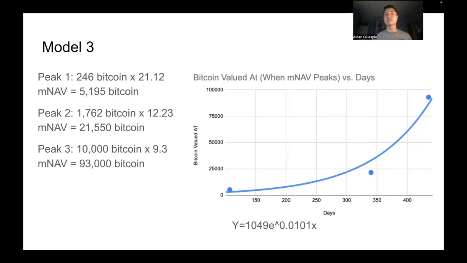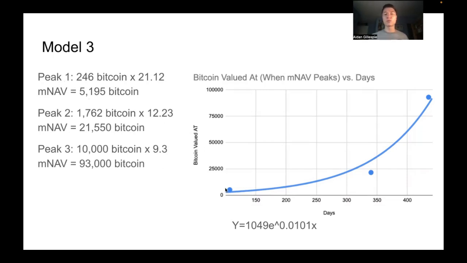Looking back at the previous models that I created, at those MNAV peaks, I'm saying, okay, at this MNAV, Metaplanet had X amount of Bitcoin, so they were essentially viewed as being worth X amount of Bitcoin. That's what I'm graphing out here. That might have been a little bit confusing, but I'll go through some calculations.